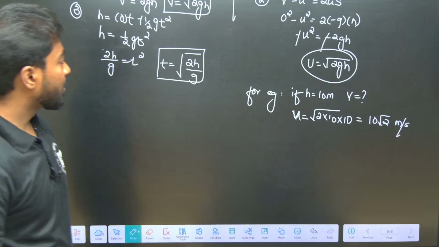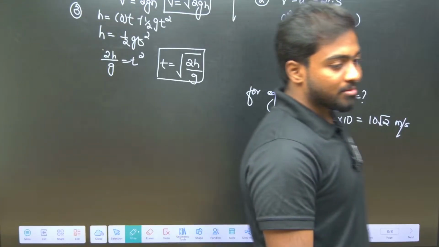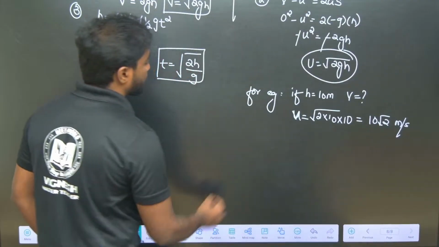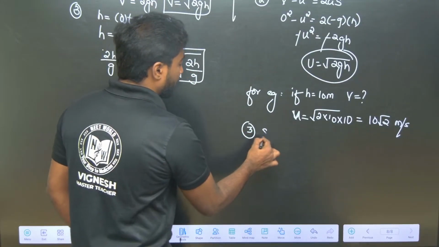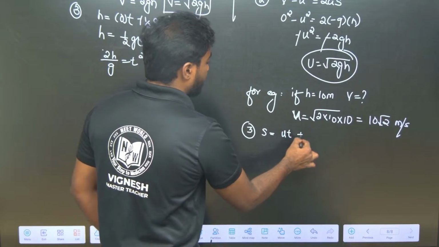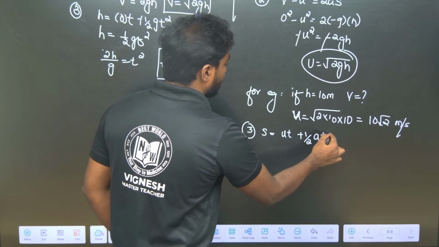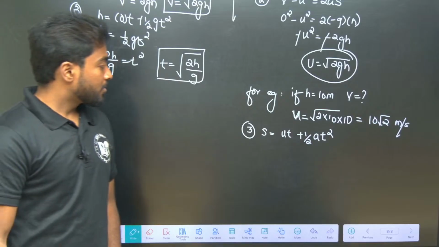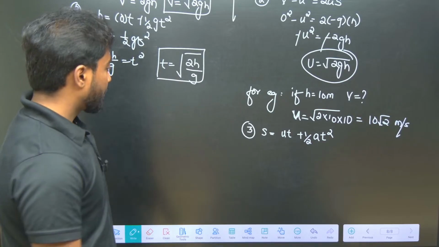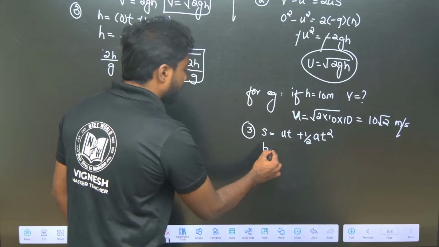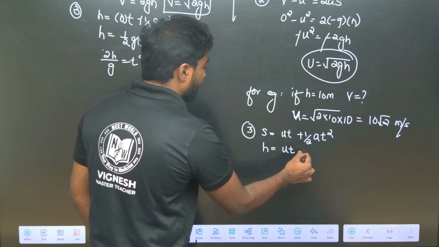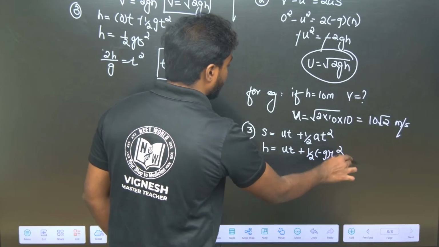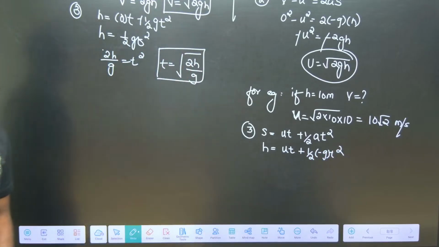Got it? So the last one is the equation s is equal to ut plus half at square. In this, h will be equal to ut plus 1 by 2 into minus g t square.